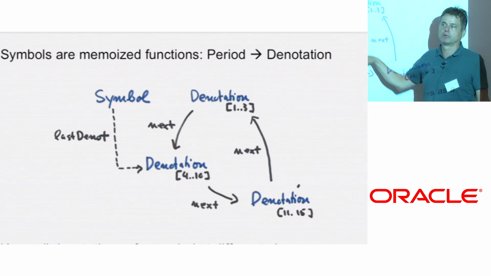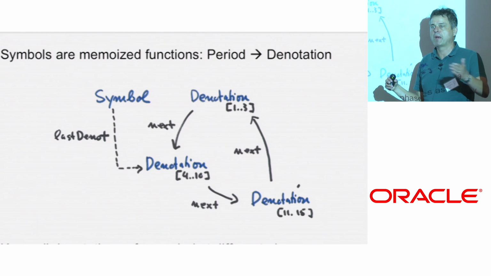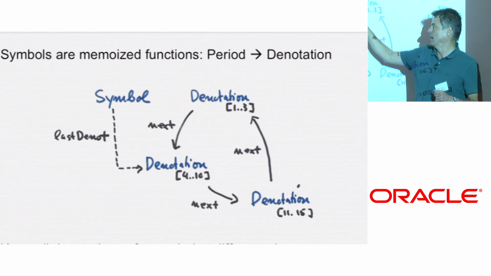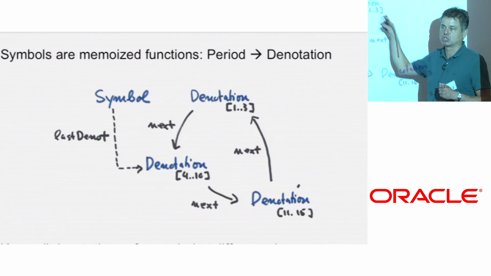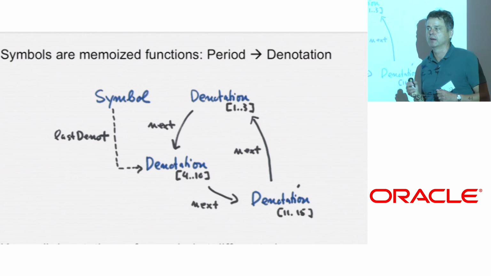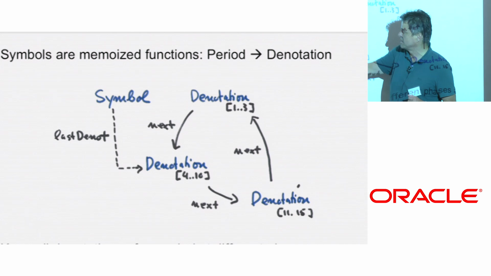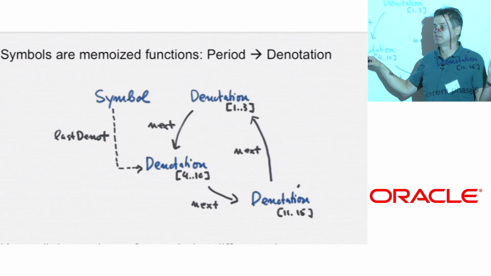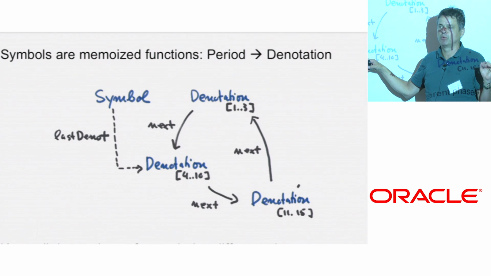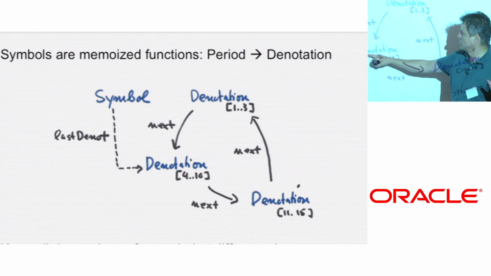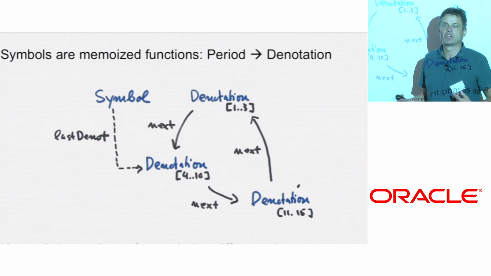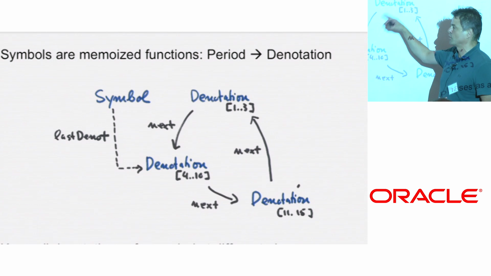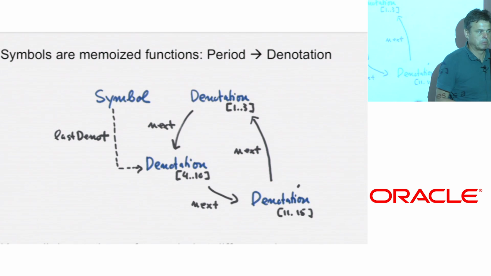And they're stored so that if ever I come back to a previous phase, or I want to know the meaning several times, they're cached. They're cached in essentially a ring here. And a symbol essentially just has a pointer to what its last denotation was. And that tells me essentially where we were. And then if we want to go to a denotation in a new phase, I will essentially apply these transformers as needed. Or if it's already in the ring, I will just pull it out here.